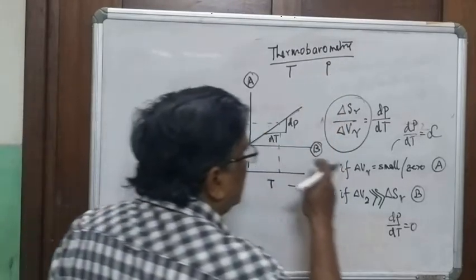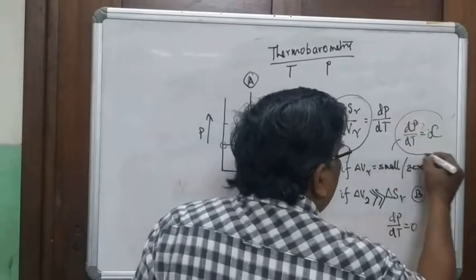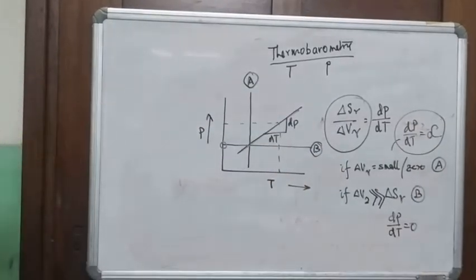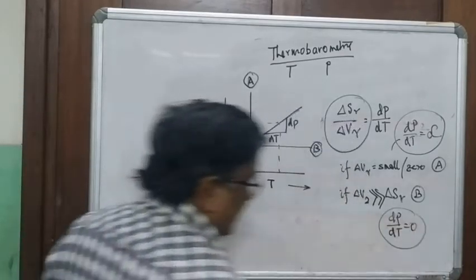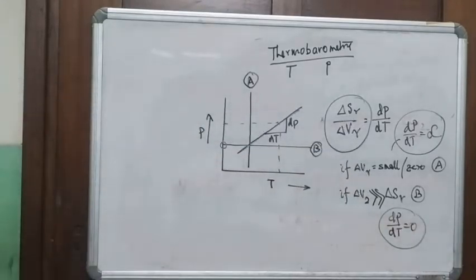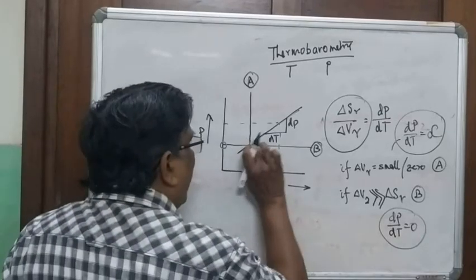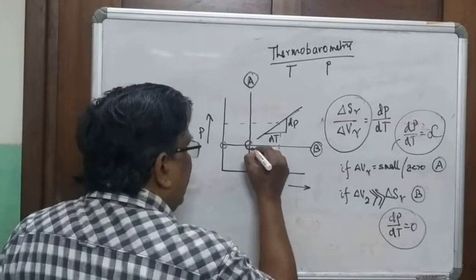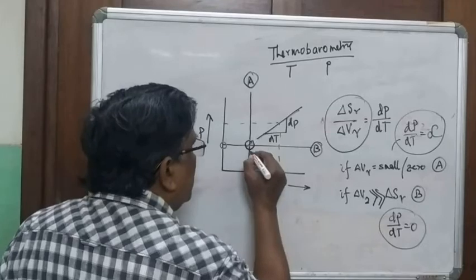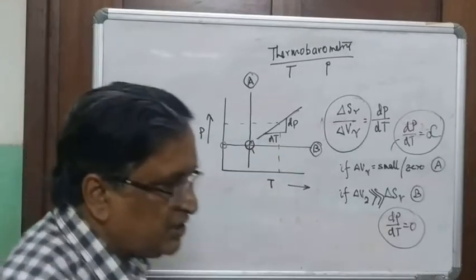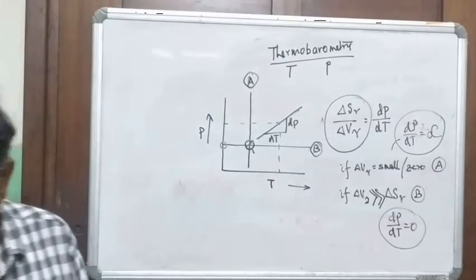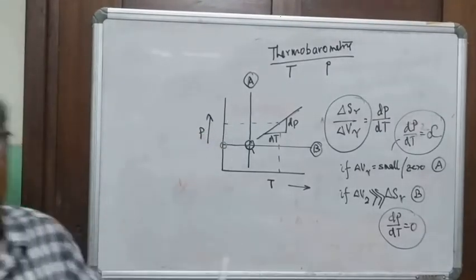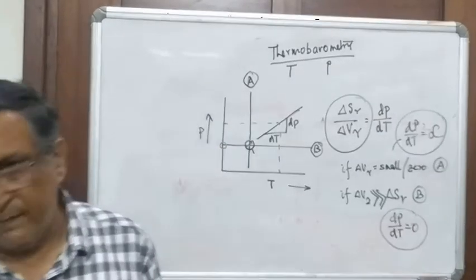Temperature is found out where the Clausius-Clapeyron slope of a reaction is infinity, and pressures are determined by reactions of this type, where dP by dT is equal to 0. The intersection of these two should give you the pressure temperature condition that you desire for a particular equilibrium condition. This is the basic fundamental thing that is necessary for thermobarometry.